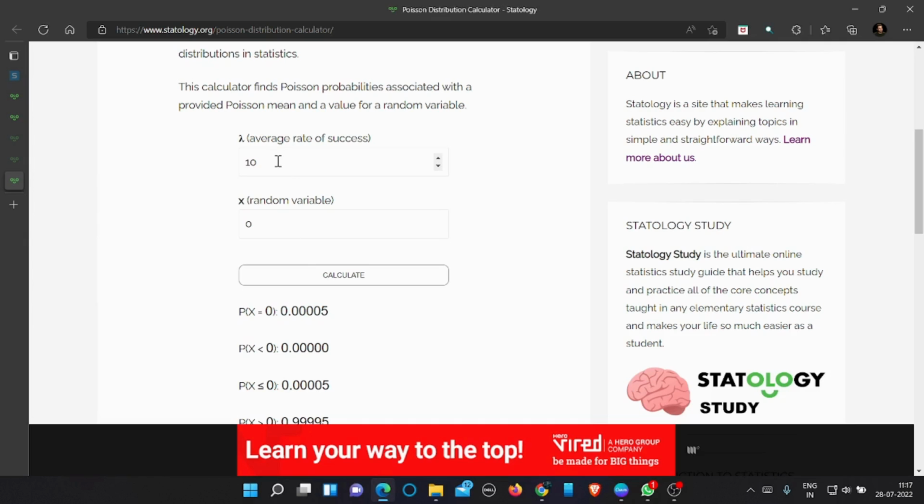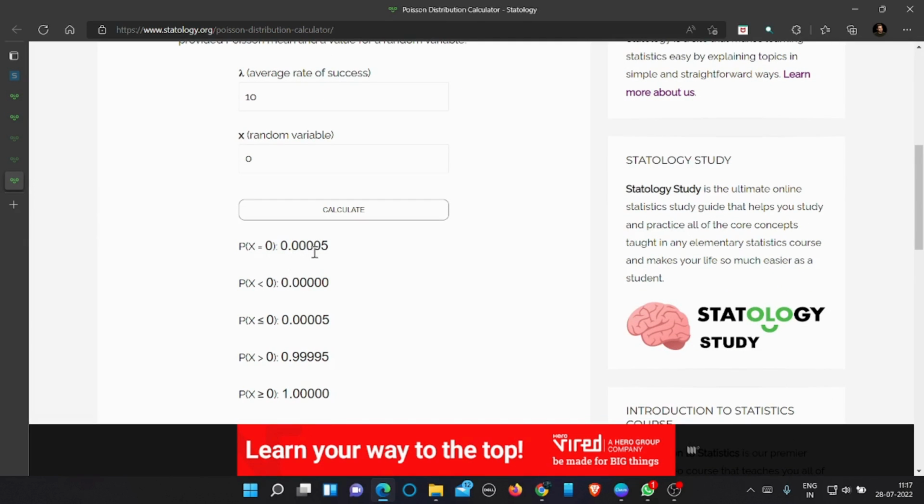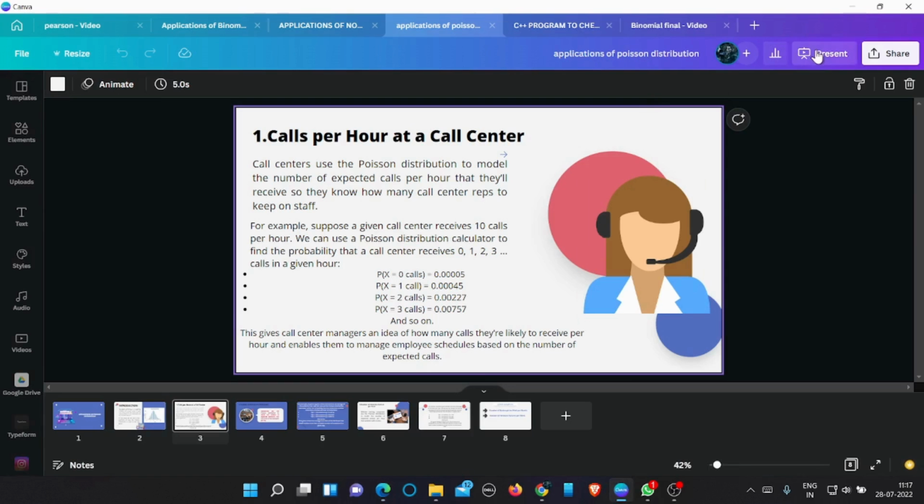The call center receives 10 calls per hour. If it receives 0 calls per hour, we can calculate the Poisson probability as 0.00005. Suppose it gets one call, we get the probability as 0.00045, as we have seen in the presentation.